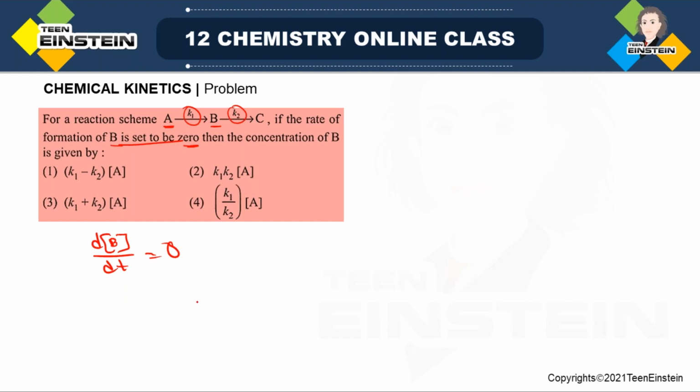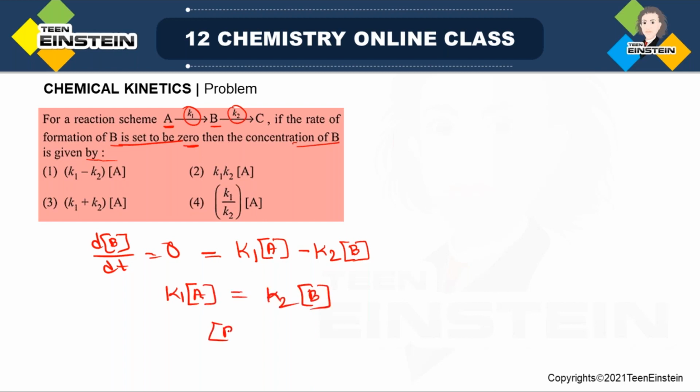Now, when this condition is applied, the concentration of B will be given by which of these expressions? Here dB dt, as we have written, is equal to 0, but this can also be written as K1 into A, because K1 is the rate constant for the formation of B, so it is positive K1A, and because of the rate constant K2, B is consumed to form C, so it is negative K2 into B. Now as this is 0, K1A will be equal to K2B.